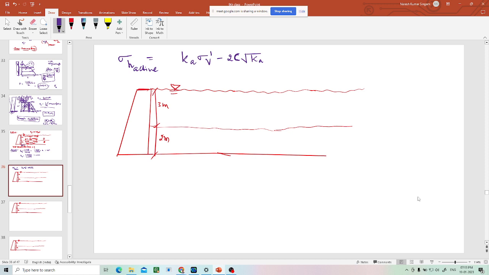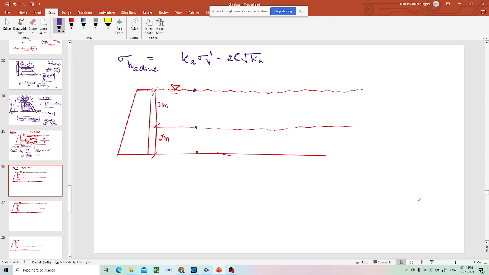What shall we do first? We will give 3 points first. This is point one, point two, point three, because these are the three boundaries. If you find the value of sigma v at each point, then you can draw the diagram, because it is linear in between.